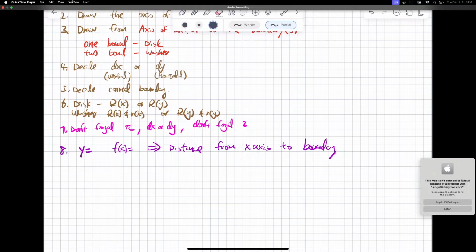And if you got x equal to, or f of y is equal to, this means distance from y-axis to the boundary.